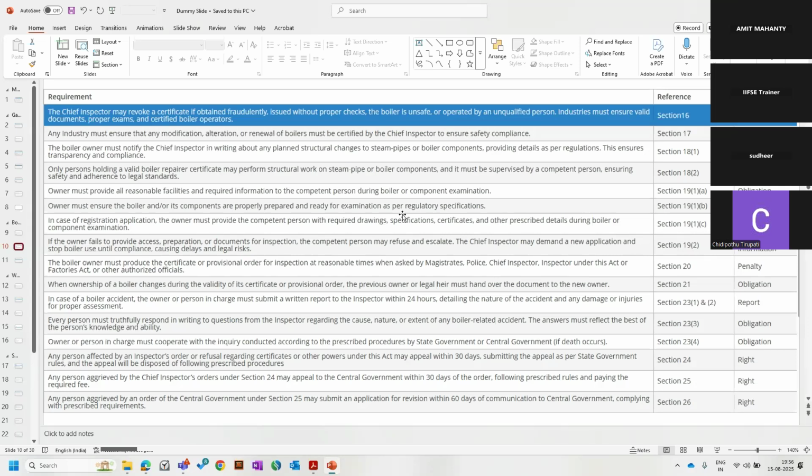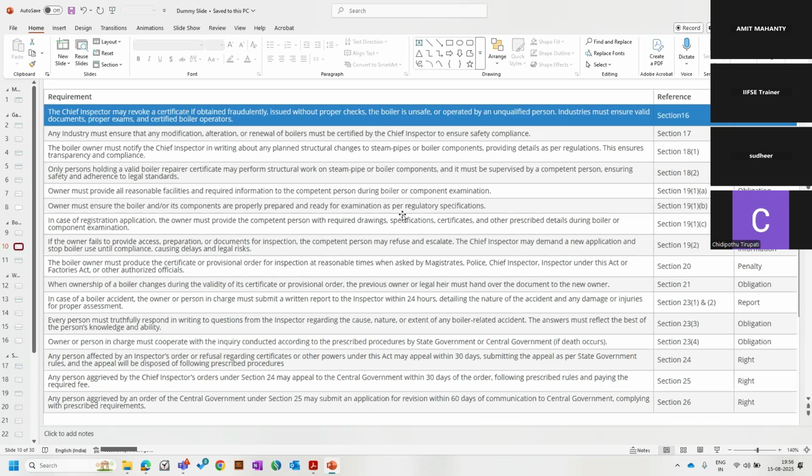Then, in the case of a registration application, the owner must provide the competent person with the required drawings, specifications, certificates, and other prescribed details during the boiler examination, which is 19-1C.